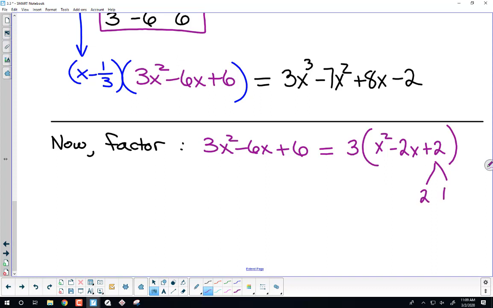Is there any combination of 2 and 1 that when we add them gives us a negative 2? No. If this were minus, it would be a minus 1. That doesn't work. If this were negative, doesn't work. If both of them were negative, doesn't work. So there aren't any factors where we could immediately factor that quadratic as two things.